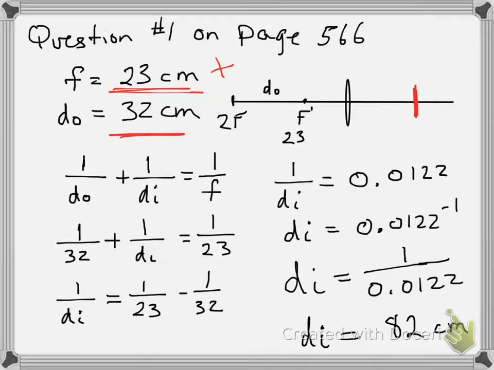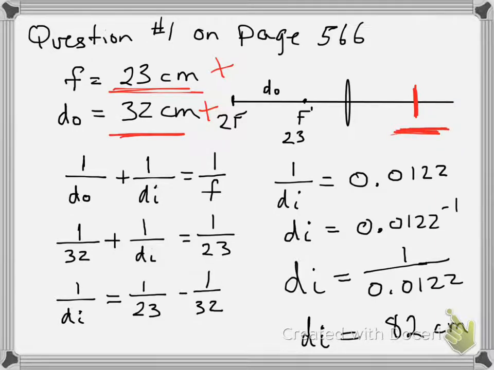And because it's real, then this is also positive. So when you read through the question, that's kind of some key components here. So you have to know the focal length, and you have to know whether it's a converging or diverging lens, and you need to know the distance of the object, which wherever that position is, it all will determine where it's going to be located on the real side.